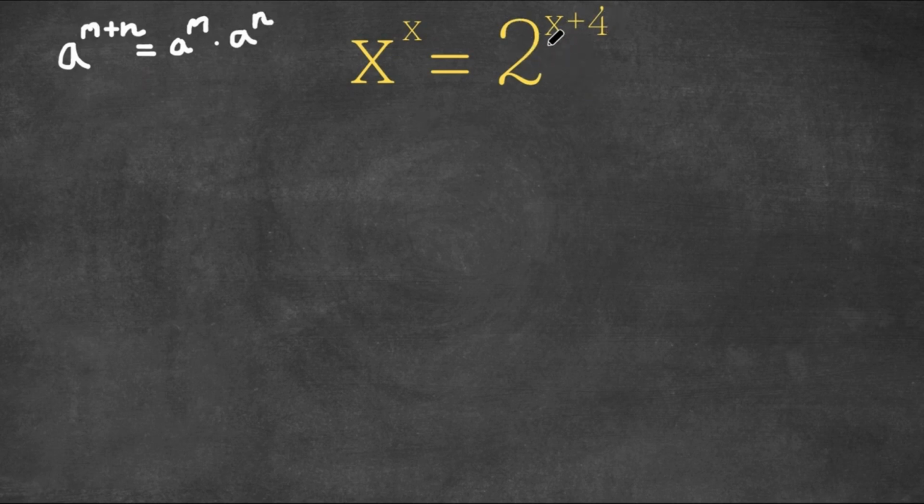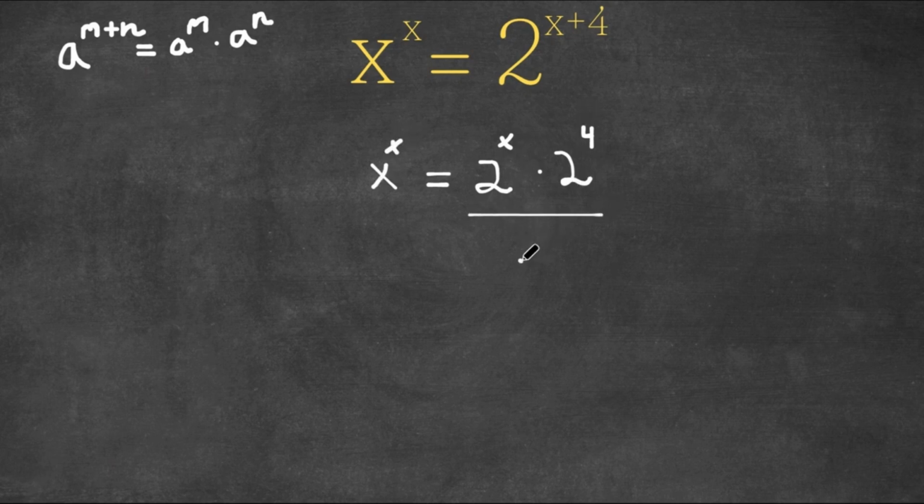Think of 2 as a, x as m, and 4 as n. So we can rewrite this as 2 to the power of x times 2 to the power of 4. So x to the power of x is equal to 2 to the power of x times 2 to the power of 4.